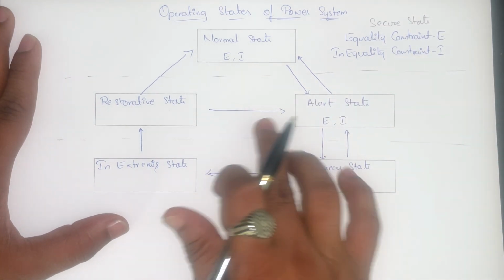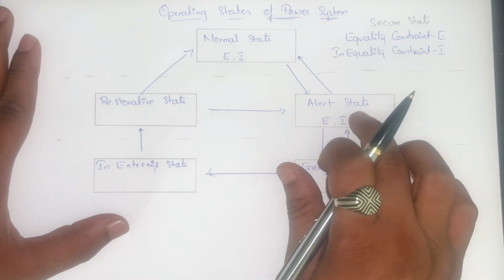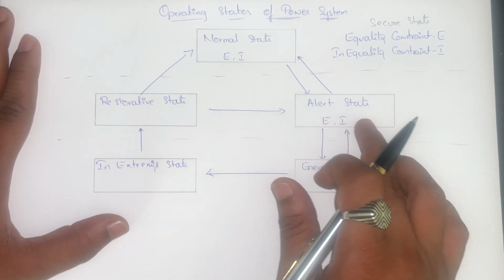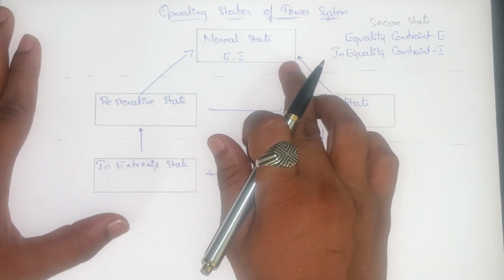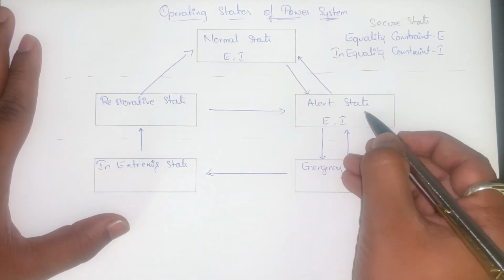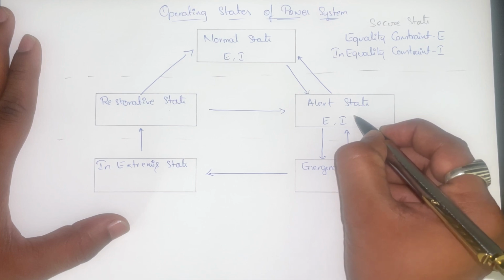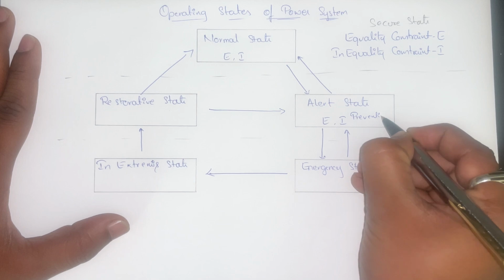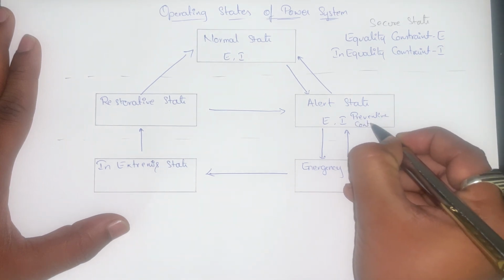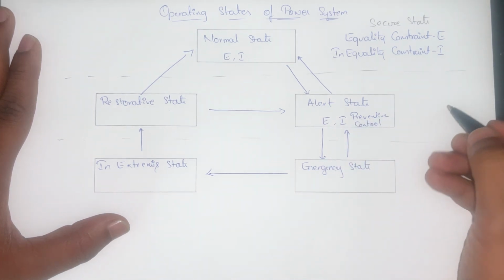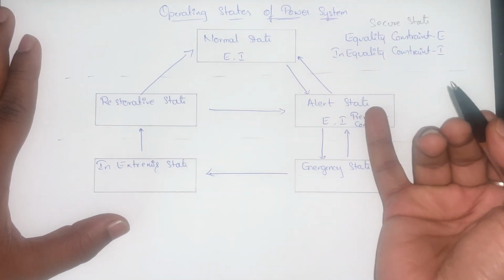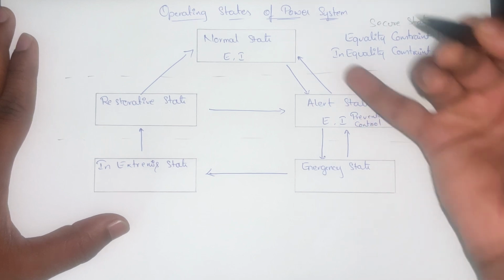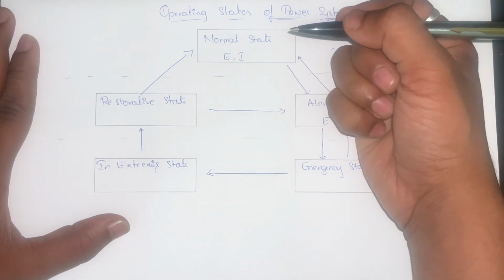The generators are being a little bit overloaded, not to the maximum extent. Now preventive control measures are taken here, which will lead the alert state back to the normal state. So we can mention the alert state as a preventive control state. If we take some preventive control measures, we can move from the alert state back to the normal state.